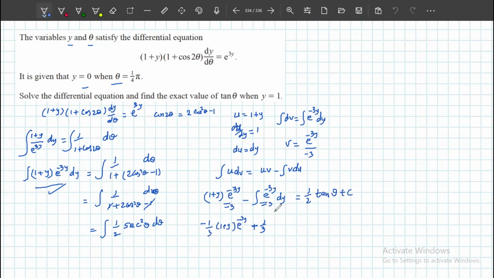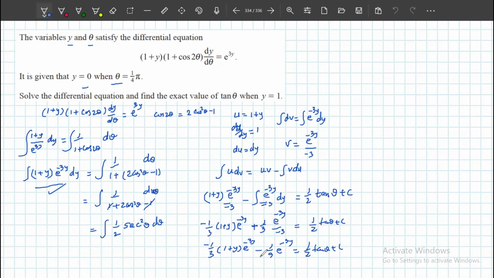So the integration of e power minus 3y is again e power minus 3y over minus 3, which is equal to 1 over 2 tan theta plus c. So next step, minus 1 over 3 plus bracket open 1 plus y, e power minus 3y, and here minus plus minus, so 1 over 9 e power minus 3y is equal to 1 over 2 tan theta plus constant.